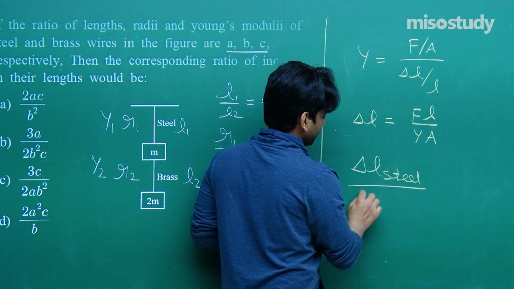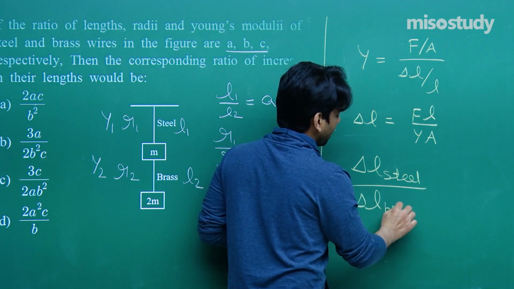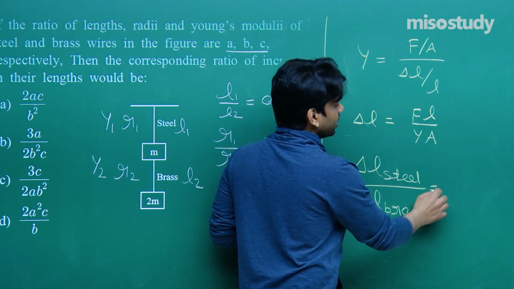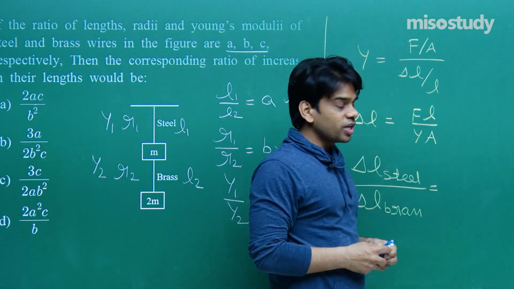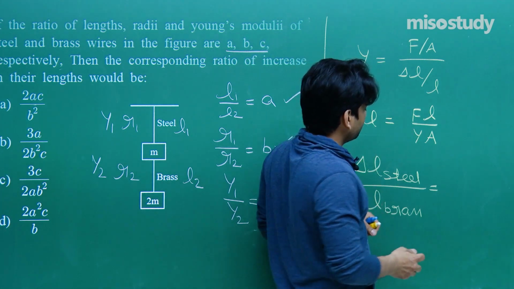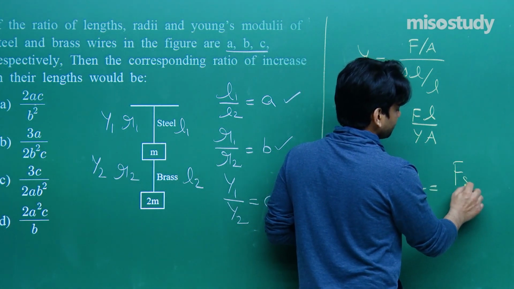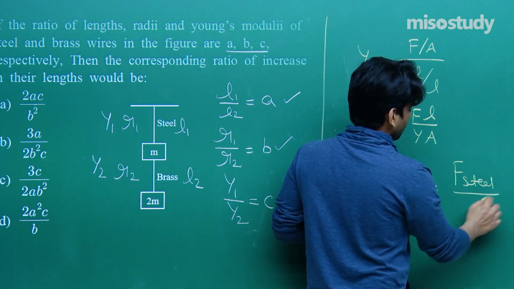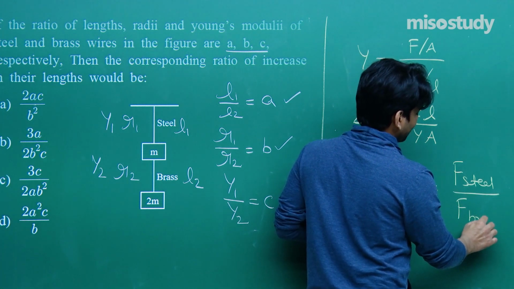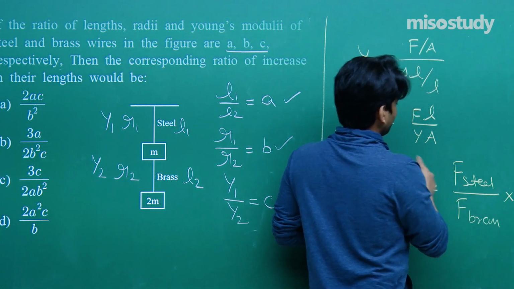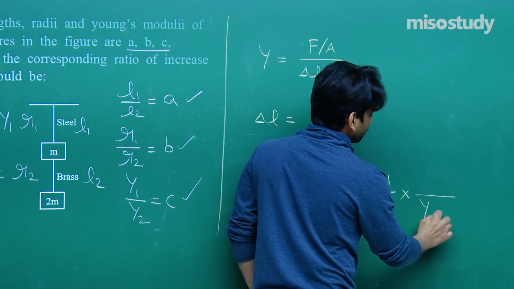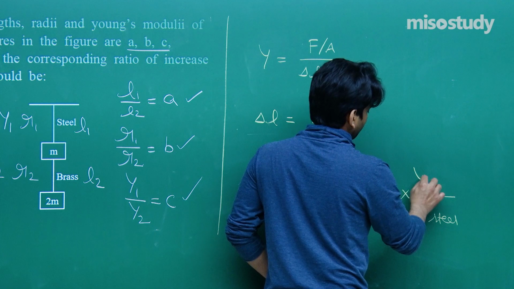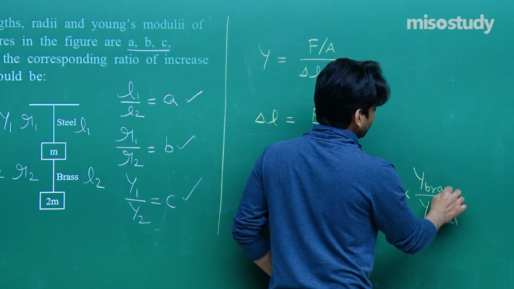So delta L of steel divided by delta L of brass is equal to, you see here, we need to write down in what ratio they are. F for steel upon F for brass. Now see, Young's modulus is in the denominator, so we will have Y of steel here and Y of brass here.